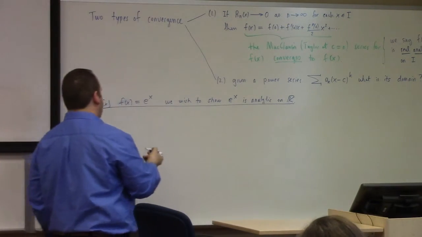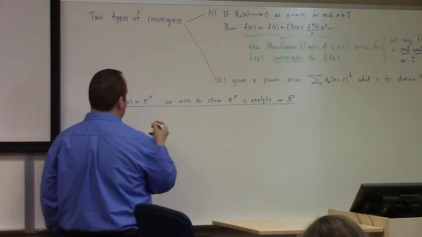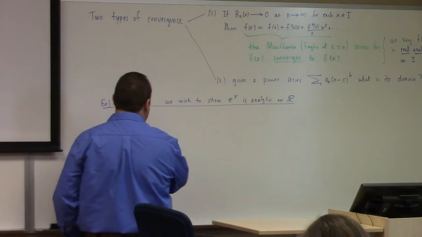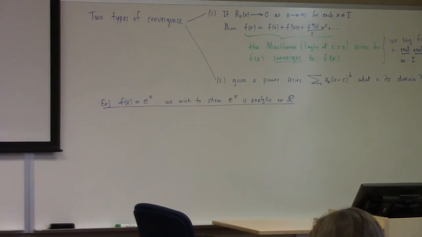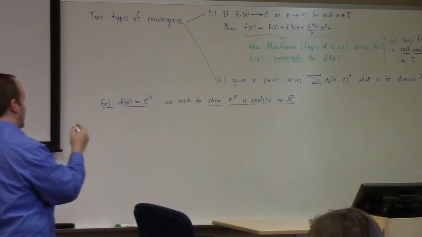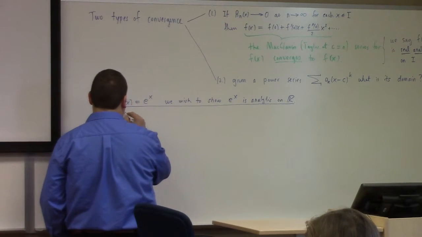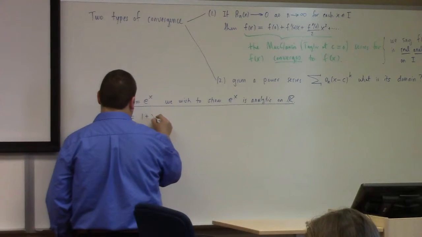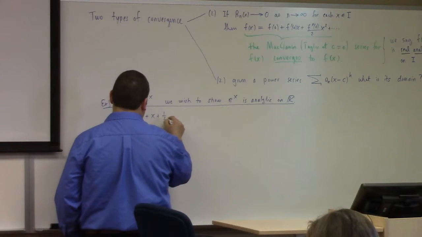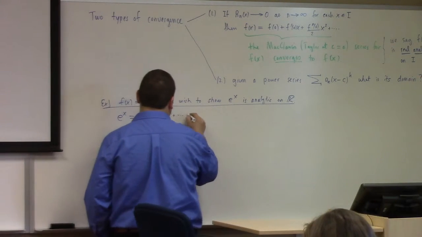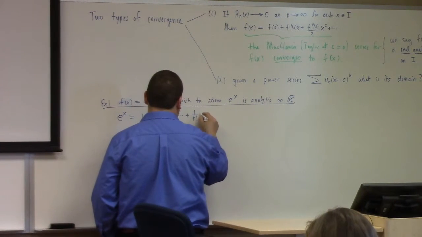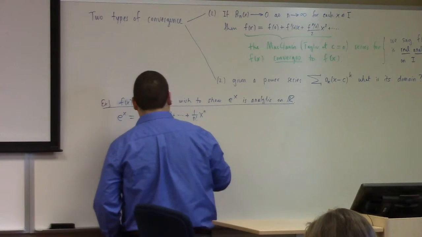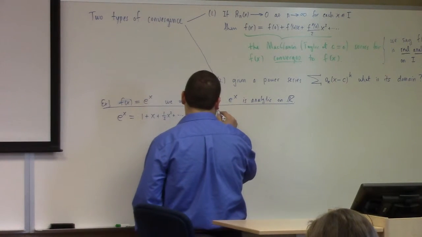Okay, so what do I got to do? I need to calculate the remainder. If I look at e to the x, I can do what? e to the x is equal to 1 plus x plus 1/2 x squared, right? Plus dot, dot, dot, plus 1 over n factorial x to the n, plus the remainder, right?